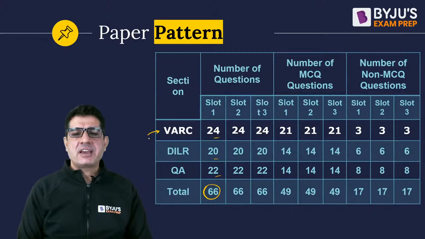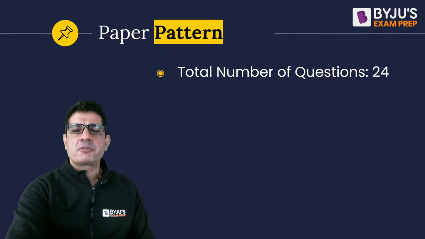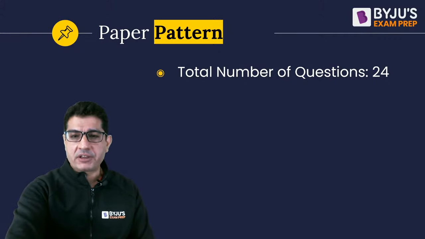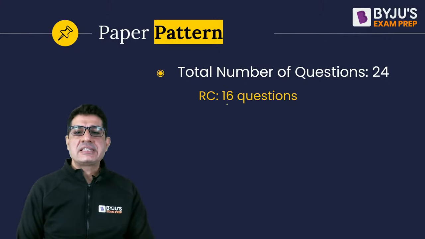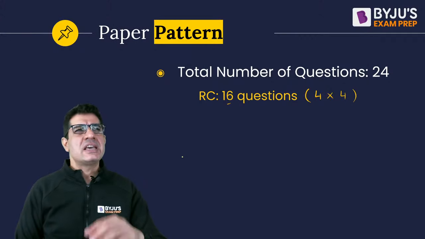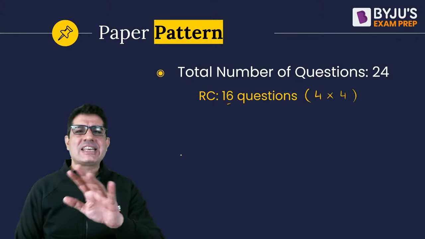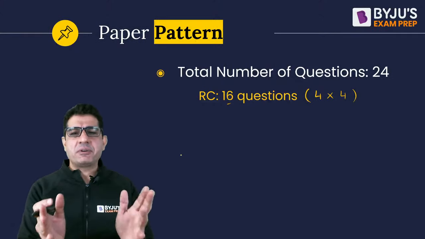Within VARC, the total number of questions is 24. Out of these, 16 questions belong to reading comprehension. In fact, there were 4 passages. Every passage had around 4 questions and their length was fairly moderate, around 500 to 550 words per passage.